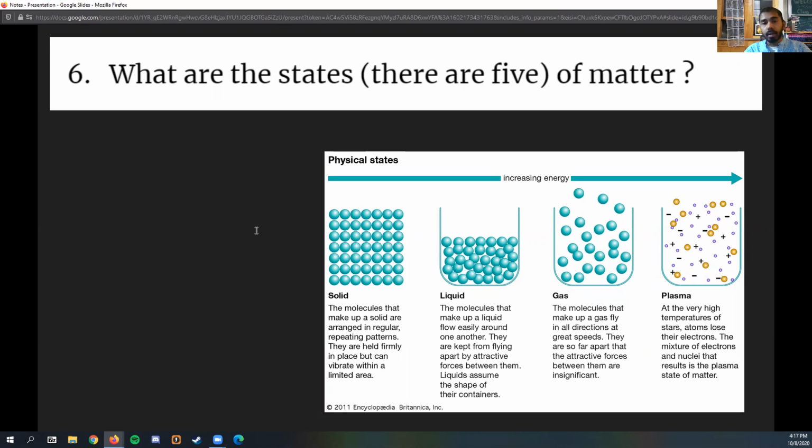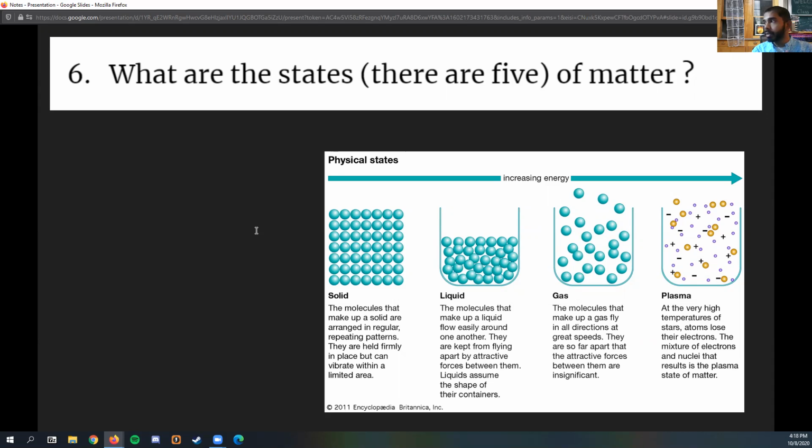A liquid, a little bit more flowy, right? The bonds between these particles have been disrupted. They're a little bit more energized, and so they kind of flow around. And gases, the bonds between those particles have been completely broken down, and so they're kind of free and highly mobile. Plasmas, even more so, right?